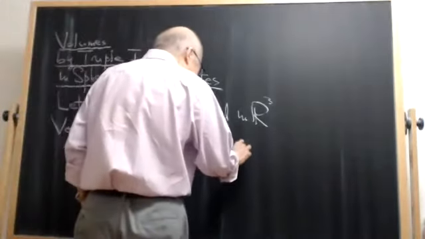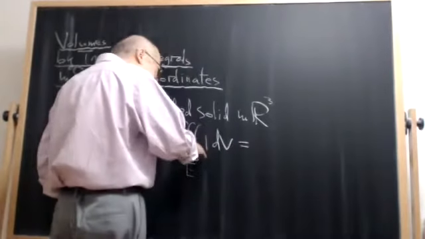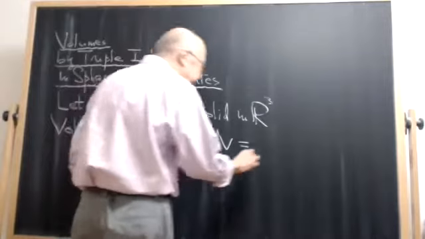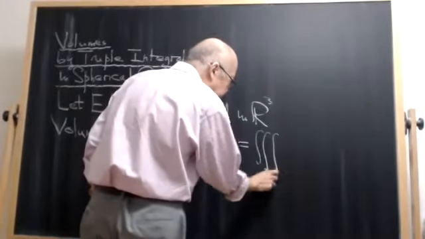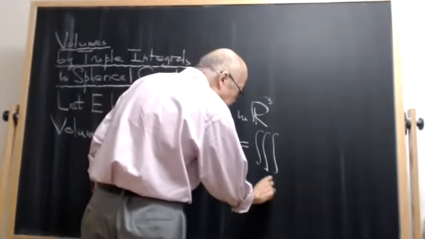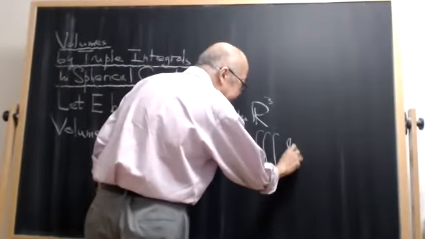And this can sometimes be denoted by omitting the number 1. So it's the triple integral over E with respect to V.